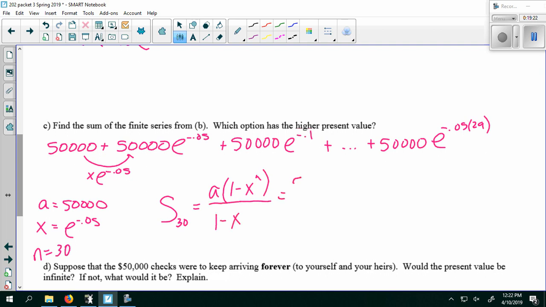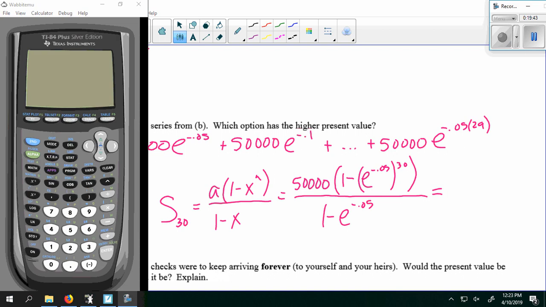So 50,000 times 1 minus e to the negative 0.05 to the n, which is 30, all over 1 minus e to the negative 0.05. All right, so I'll just put this all in a calculator.